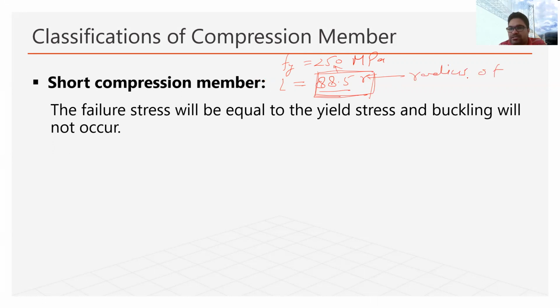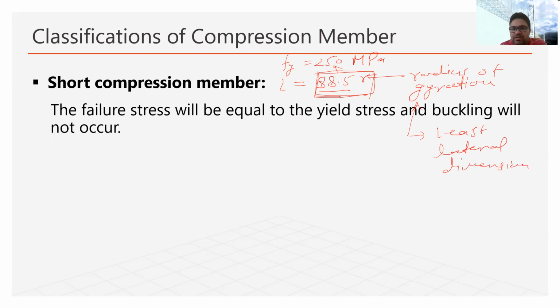Radius of gyration. Well, what is radius of gyration? The radius of gyration can be represented as the least lateral dimension.